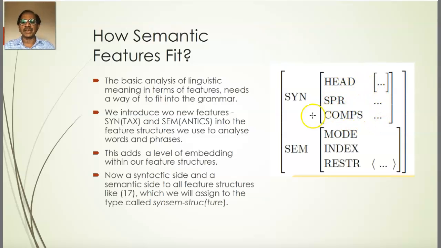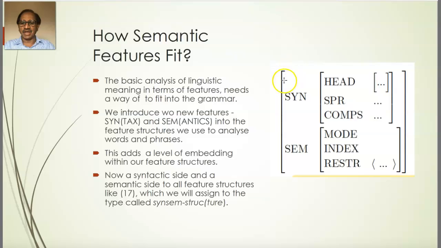These three form syntax. And in the previous video we have seen that there are three features which we need for analyzing linguistic meaning: mode, index and restriction. These three features form semantics or SEM for us.